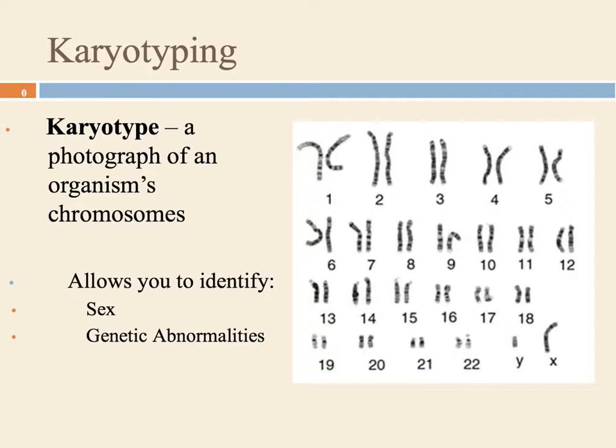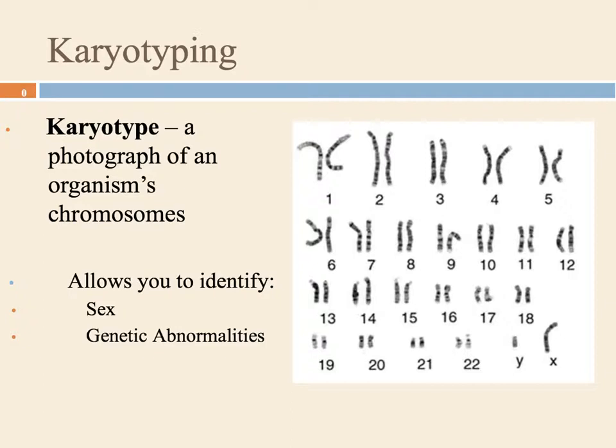So by looking at this karyotype for this individual, I know that the person is a male because I see an X chromosome and I see a Y chromosome. So what do karyotypes tell scientists or doctors? Karyotypes tell us two things.